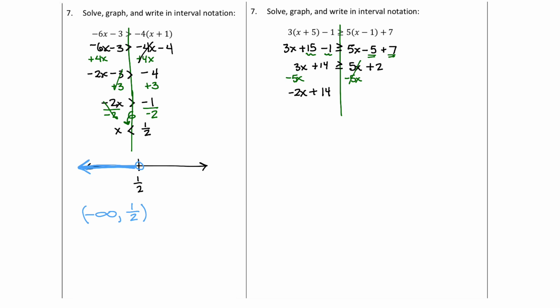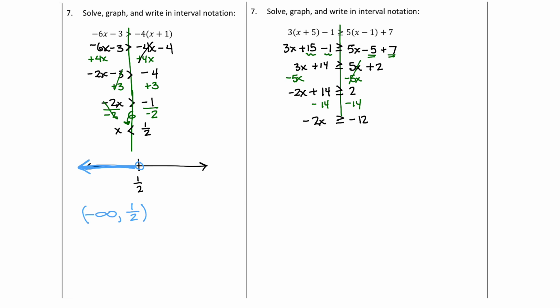So we get negative 2x add 14 is greater than or equal to 2. Let's get rid of the extras. So minus 14. And we get negative 2x. Don't switch it because all we're doing is subtracting. So it's greater than or equal to negative 12.